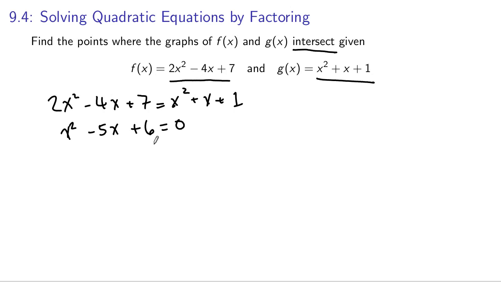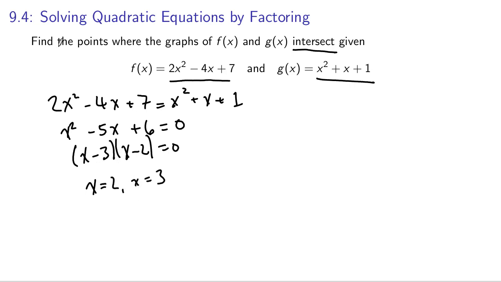If it was 6, it'd have to be negative 6 and negative 1, so that won't work. But we could have negative 2 and negative 3. X minus 3, x minus 2 is 0. So the zeros, the points where the outputs are the same, the input values, would be when x is 2 or when x is 3.